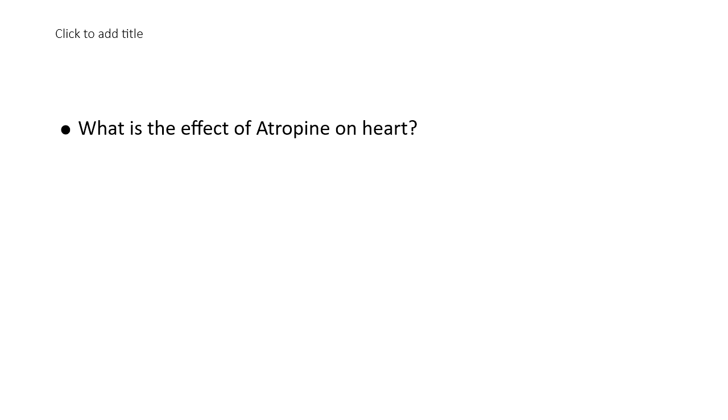If you are asked about the dose-dependent effects of atropine on heart, you know that at 0.5 milligram or at low doses, especially when given through subcutaneous or intramuscular route, atropine causes bradycardia due to the release of acetylcholine in synapse by inhibition of presynaptic M1 autoreceptors, which usually control and inhibit excess release of acetylcholine.